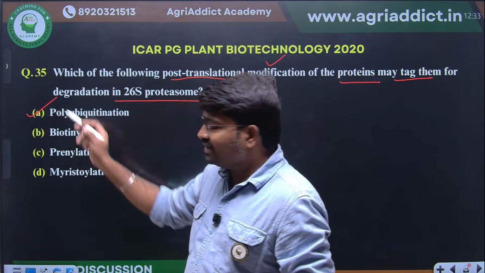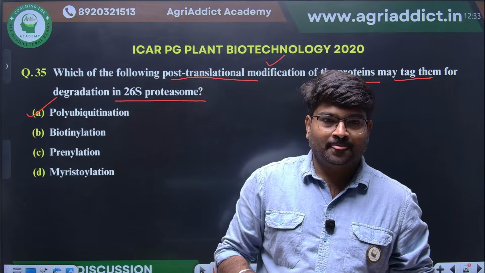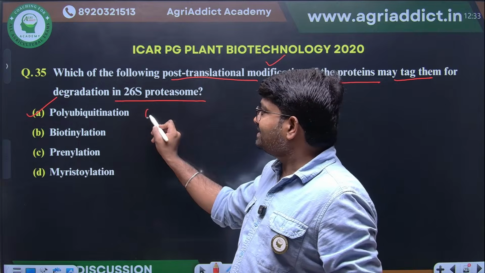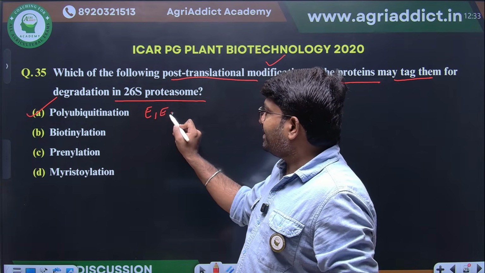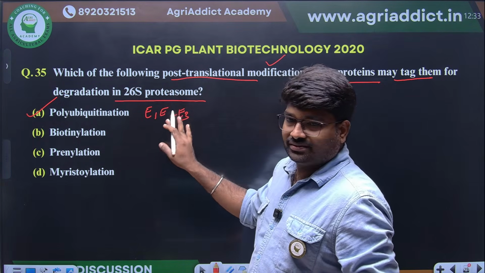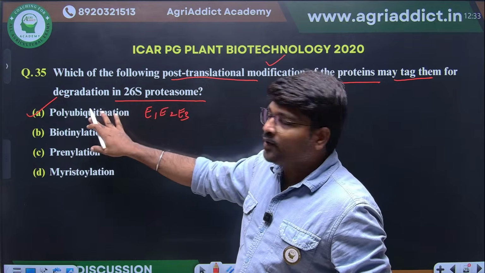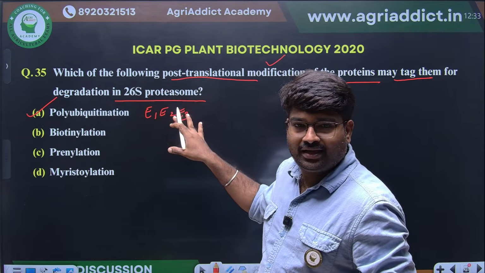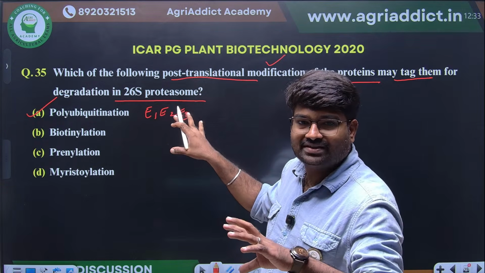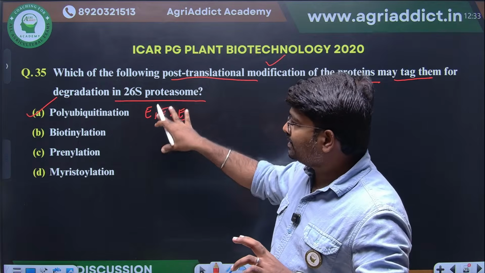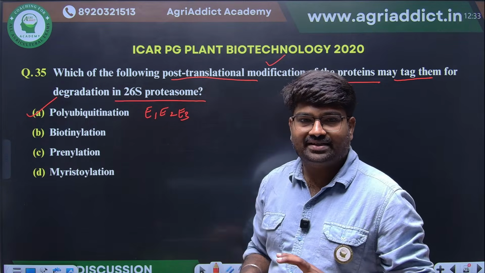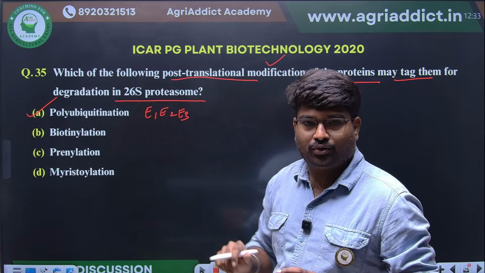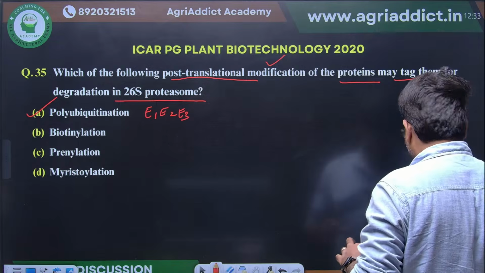This we have already discussed. Three enzymes will be there, E1, E2, and E3. These enzymes will add ubiquitin molecules to the target protein, which leads to degradation by the 26S proteasome. This is clear for everyone.